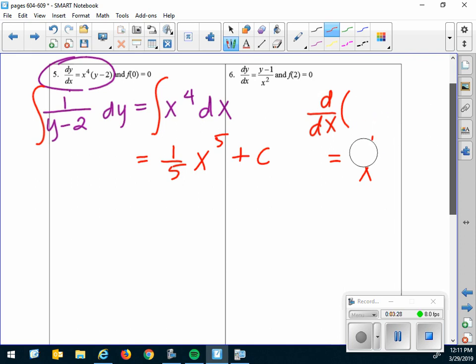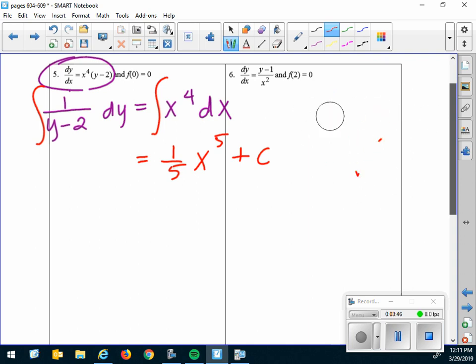What is the derivative of the natural log of x squared? Well, it's 1 over that times the derivative of that, right? And then you simplify.